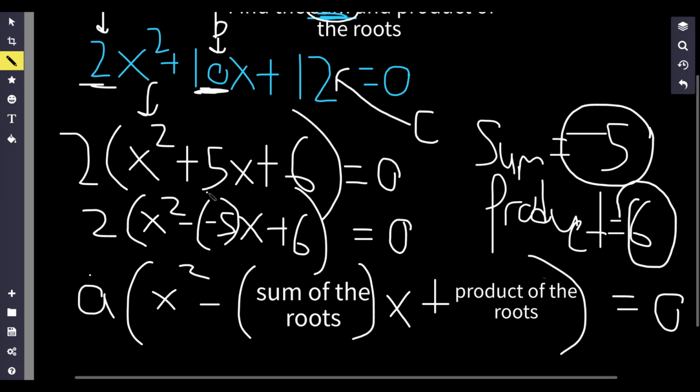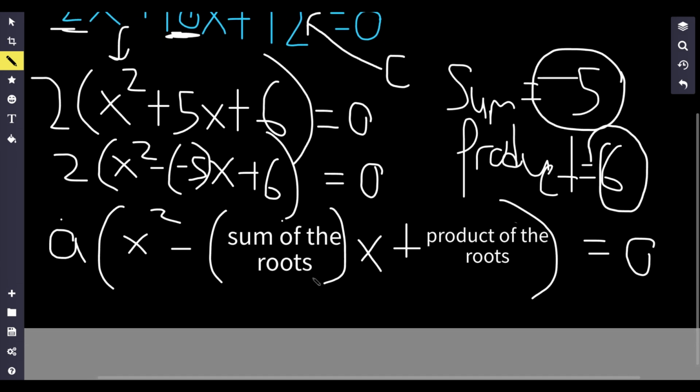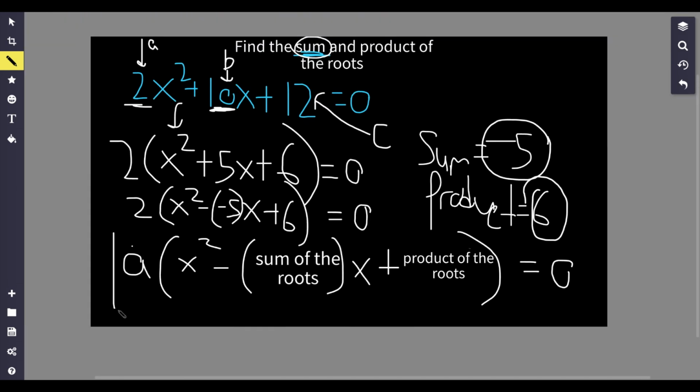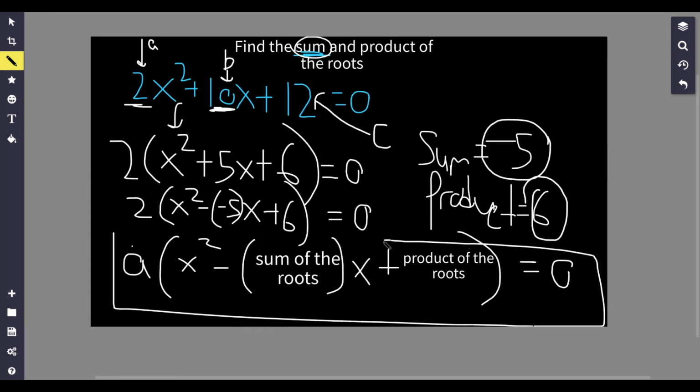Notice how I didn't actually change the value of this equation. Negative still makes a positive, right? So everything here is still equal. And this is the other formula for the sum and the product of the roots in the quadratic equation.